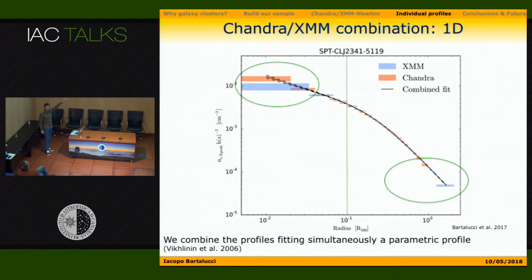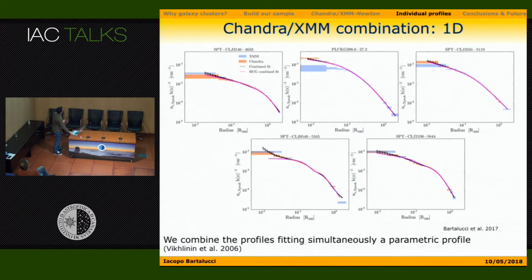But this is exactly what we want, because we are exploiting the PSF of Chandra in the central part, and we are exploiting the large effective area, so the statistics of XMM, to extend our signal to greater radii. So you see that by combining the two, we are able to extract density profiles up to even R200 for all the 5 galaxy clusters.